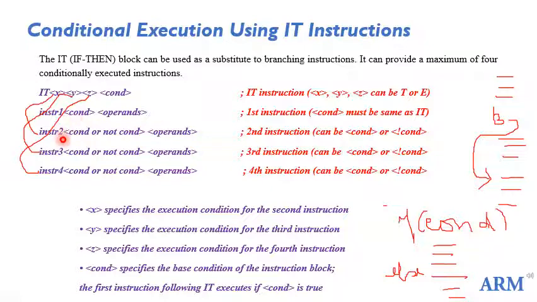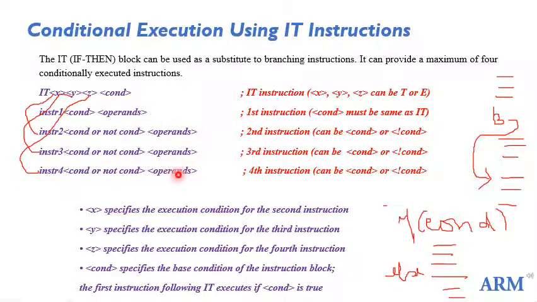Instruction 2 can have the condition or the opposite of that. That is, if you have used EQ here, the instruction 2 condition can be EQ or NE. Similarly, instruction 3 can have the same condition or the opposite of that, not of condition. And similarly, instruction 4 also. And these operands will be your usual operands.